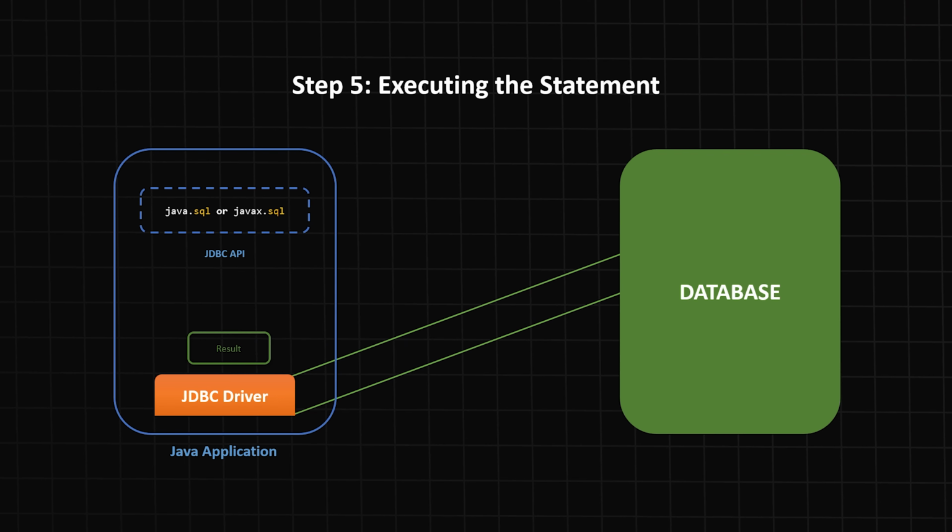Now note that Java never executes the SQL query itself. The database does the whole execution and sends the result back to the Java application, right? And the execution may succeed or fail depending on the syntax, constraints or the database state. So now we have the result, right? Now the next step is processing the result returned by the database.